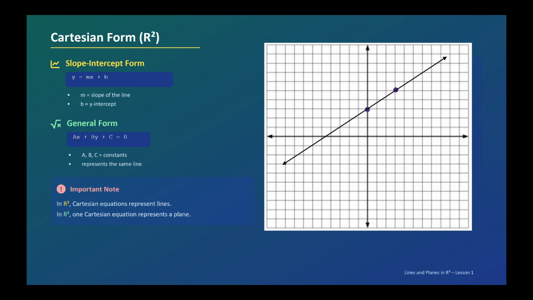In three dimensions, one equation like ax plus by plus cz plus d equals 0 actually represents a plane, not a line. To describe a line in three-dimensional space using Cartesian equations, we need two planes at once.